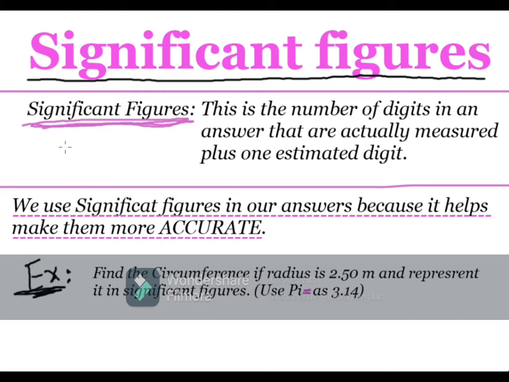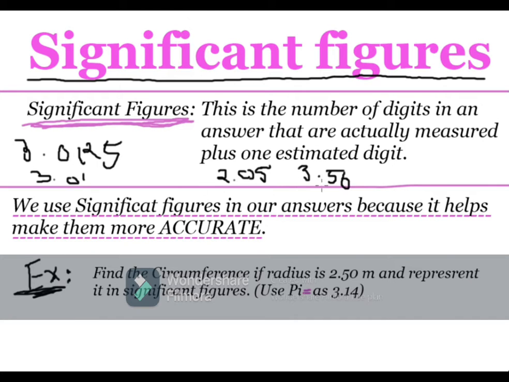This means if you have an answer of 3.0125, and in the question you have the numbers 2.05 and 3.50, then for significant figures, you would make 3.0125 into 3.01.